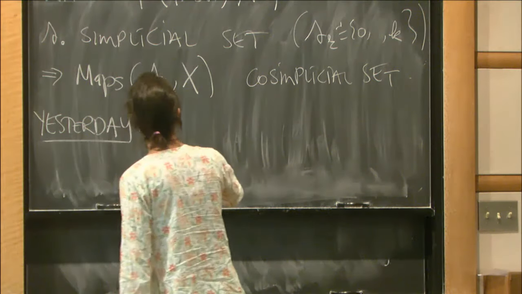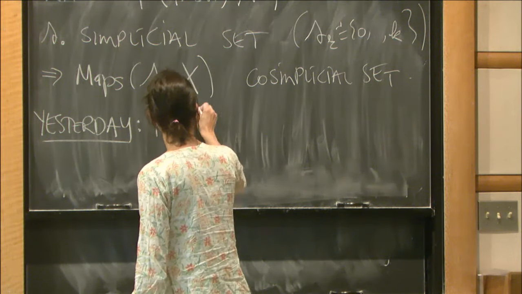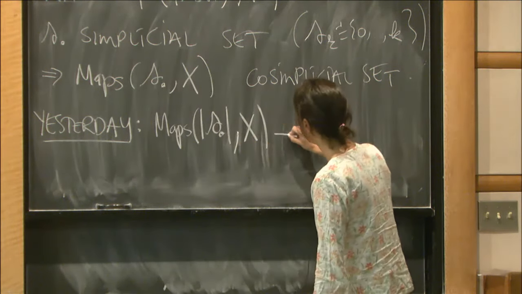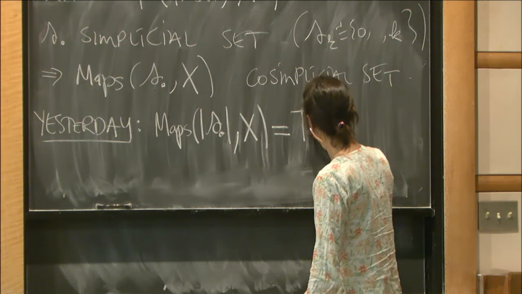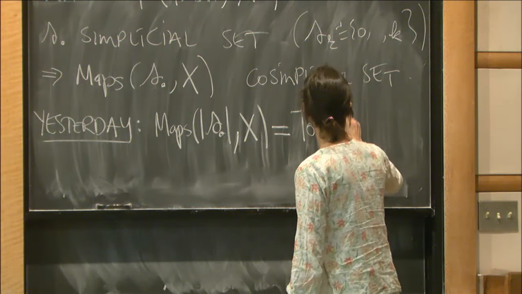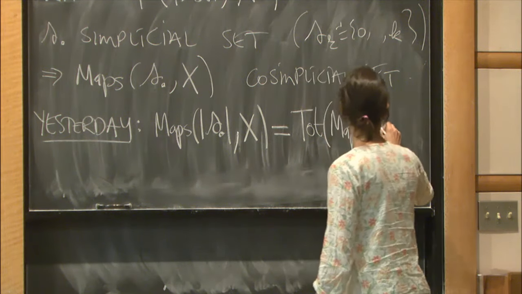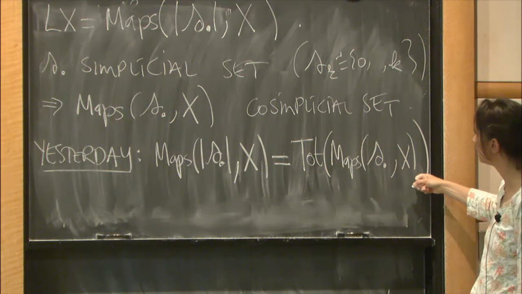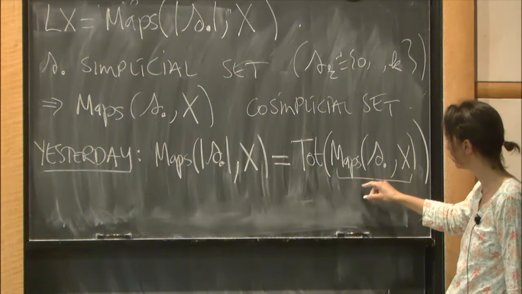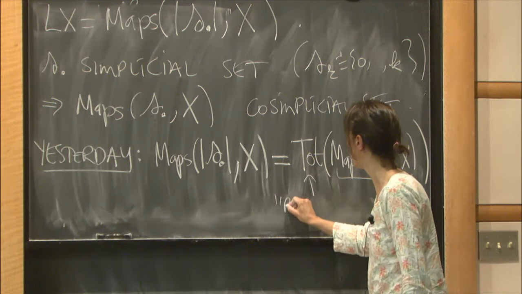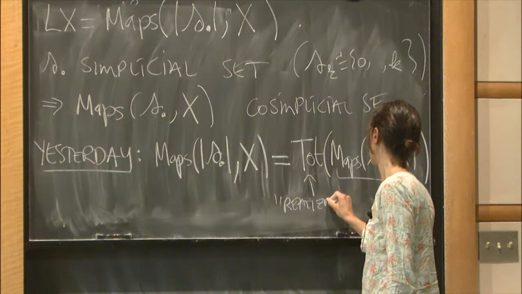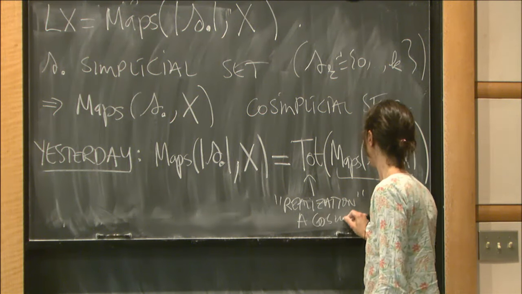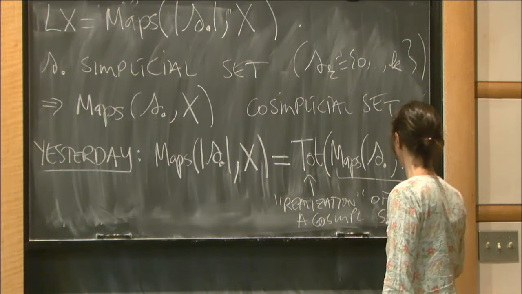But what I was really writing was that maps from the realization of this simplicial set into X is equal to what is called Tot of maps from S dot into X. So this is a co-simplicial thing, and this is like the realization of a co-simplicial space.